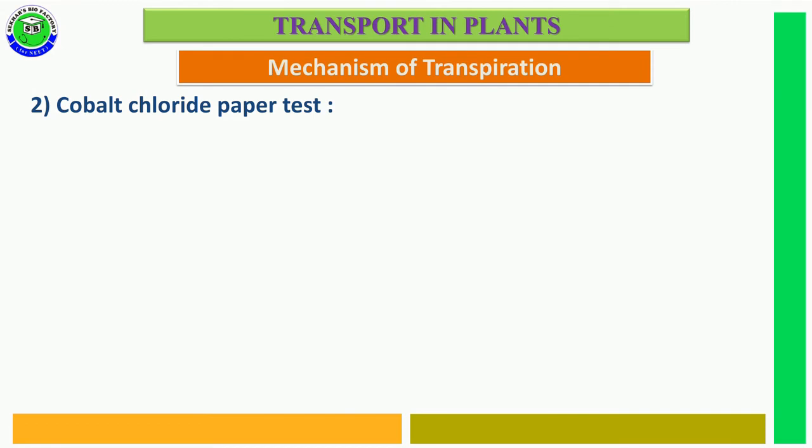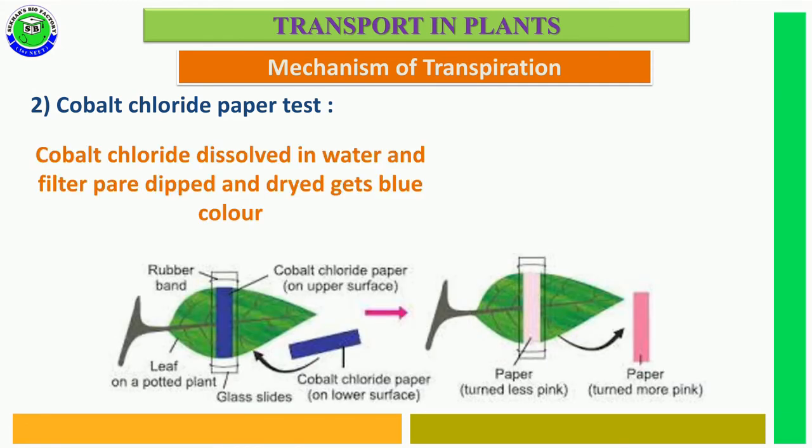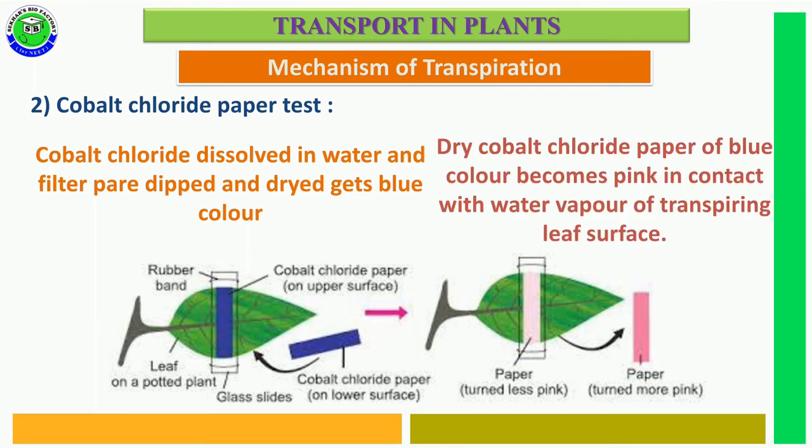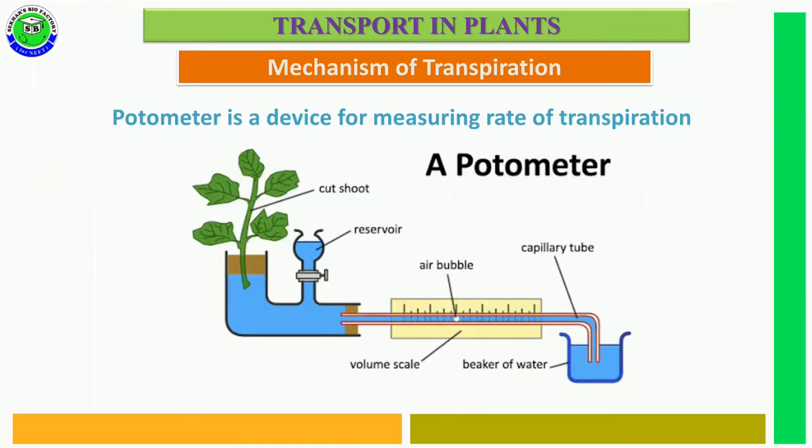But in the cobalt chloride paper experiment, the cobalt chloride is dissolved in water and filter papers are dipped and dried. After drying, it gets blue color. When these blue cobalt chloride papers are kept on the surface of leaf and arranged with slides, after a few minutes the blue cobalt chloride paper turns into pink color when it touches water, that indicates transpiration occurs from leaf surface.